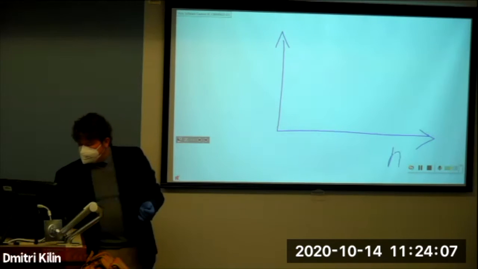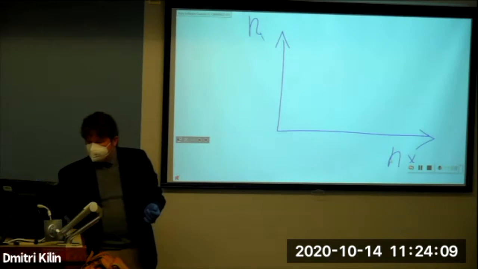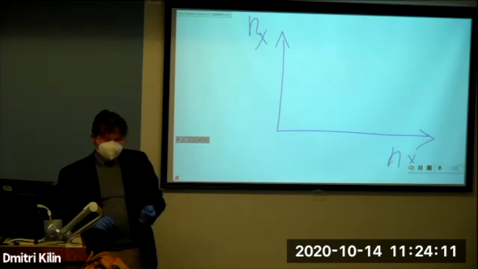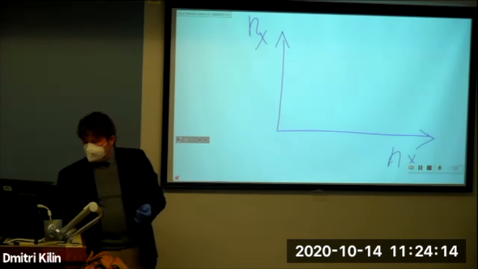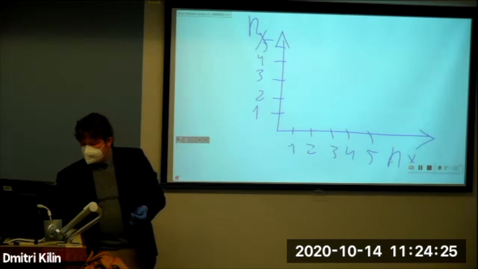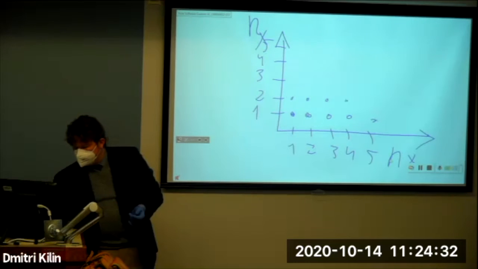So if there are two dimensions and quantum numbers have only discrete values, then states of the particle in a two-dimensional box correspond to discrete points in this planar thing.